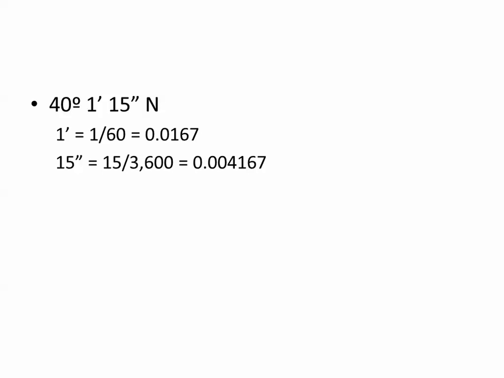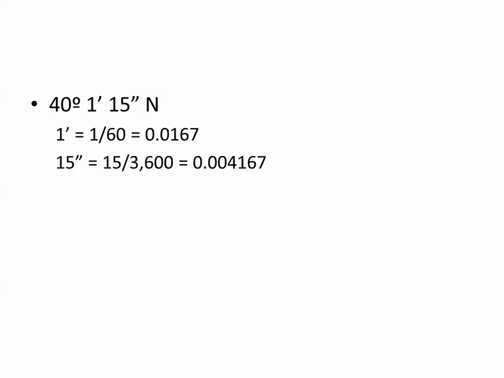Now we're going to do the same thing with our north latitude. We start with 41 degrees, 1 minute, 15 seconds. So again, we're going to look at our 1 minute, and that's 1/60th. So 1/60th is 0.0167. And our 15 seconds is 15 divided, again, by 3,600. Remember, 60 seconds in a minute, 60 minutes in a degree, 60 times 60, 3,600.